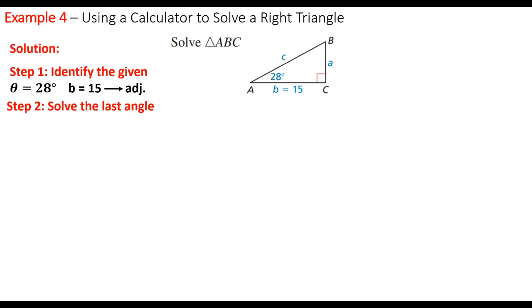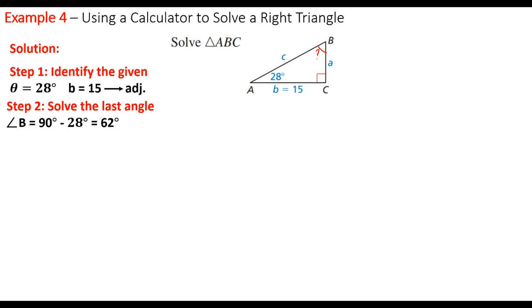Now, step 2 is we need to solve the last angle. This is very simple. The last angle is your angle B here, so we need to find the measurement of that. You can do that by subtracting 28 degrees from 90 degrees. Why?